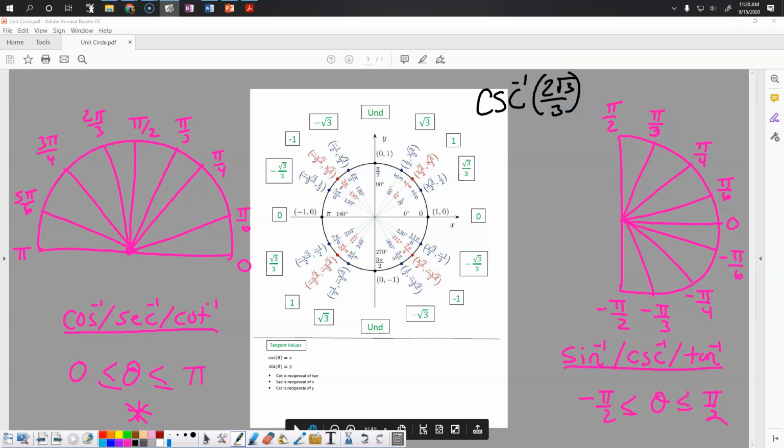Okay. Well, for this one, we're going to start by making it equal theta. The next thing we're going to do is we're going to rewrite it as the normal cosecant function rather than as the arc cosecant function. We don't like these. Anytime we have those three, we do the reciprocals. We do the reciprocal on both sides.